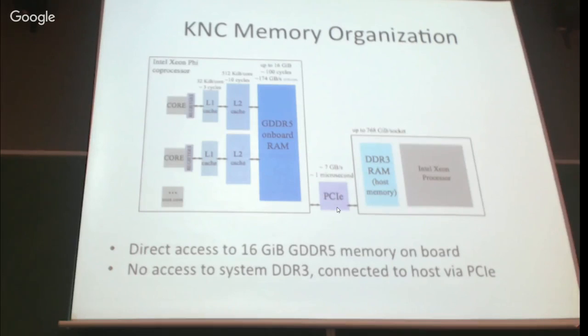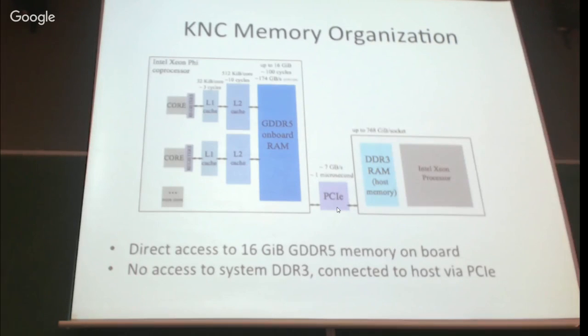If you want to exploit the KNC coprocessor, and that's all you have access to, then offloading might be of benefit to you. But if you want to prepare your software for KNL, what I would strongly encourage you to do is bypass the offload model. Don't think about it, and just prepare your software for native runs on the Xeon Phi coprocessor.